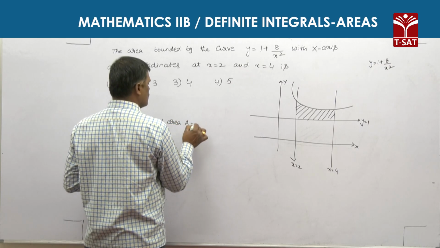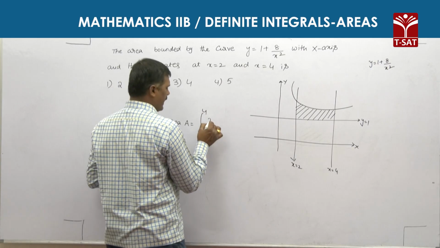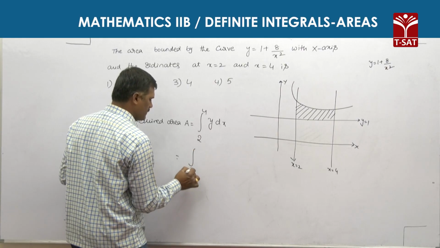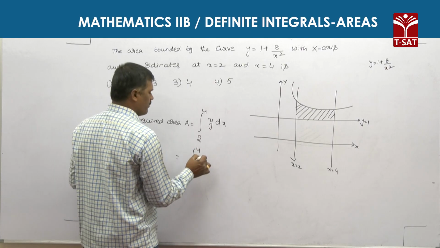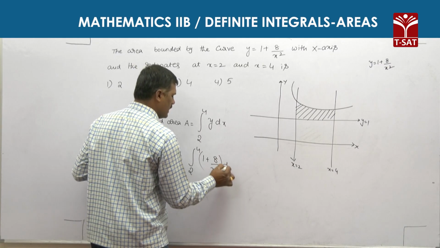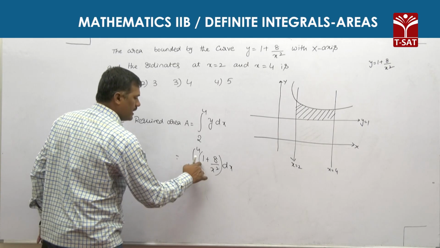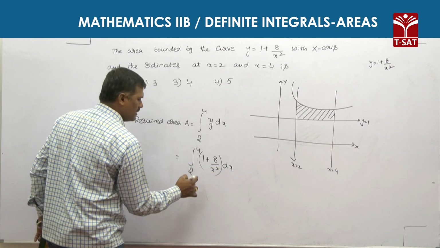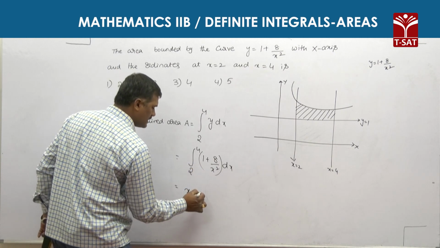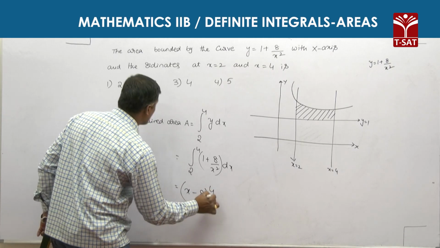A is equal to the integral with limits 2 to 4 of y dx, that is equal to the integral of 2 to 4 of 1 plus 8 by x square into dx. That is the integral of 1 dx, x, plus 8 constant times the integration of 1 by x square, which is minus 1 by x, so minus 8 by x, limits 2 to 4.